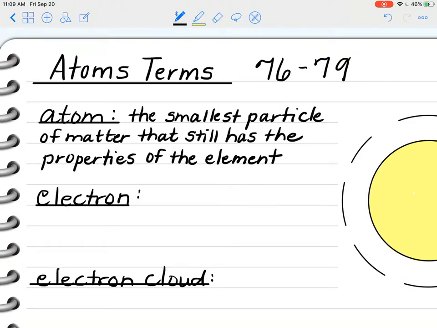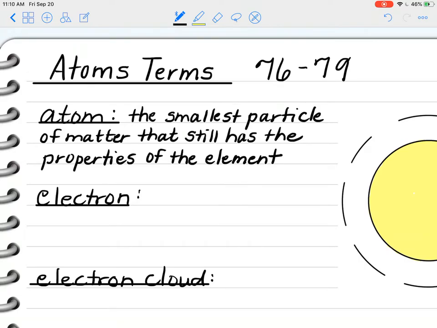And if you need to pause the video, go ahead and do that. If you think about a big block of gold and you start whittling away at the gold, it gets smaller and smaller and smaller. When you get to the smallest piece of that gold that is still gold, that is an atom.